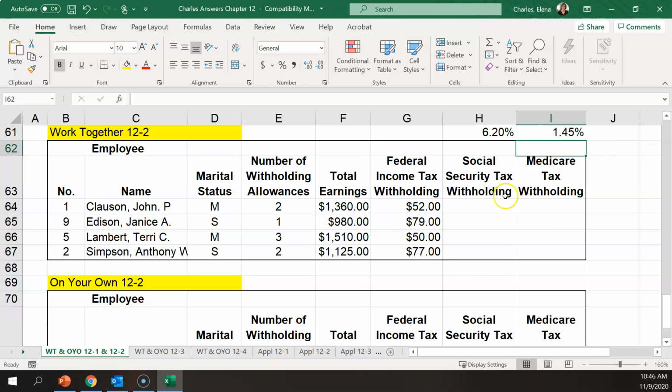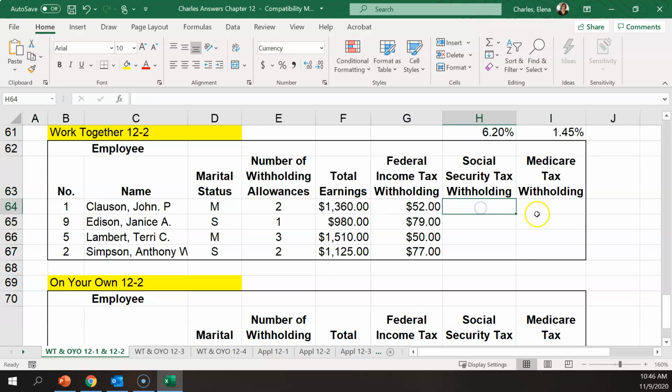You can multiply by 6.2% in Excel, or you could convert this to a decimal. It is up to you, but my perspective is Excel uses calculations, so use the percent.